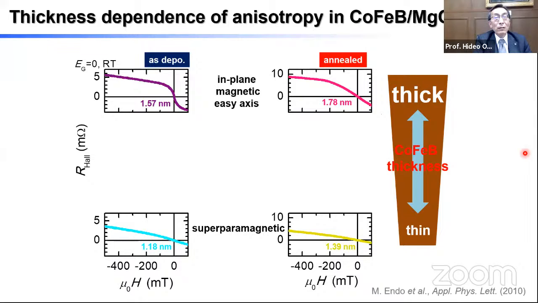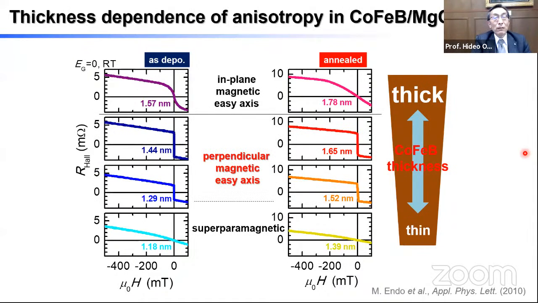So this slide shows on the right-hand side, we have made cobalt iron boron thick on the top panel, and on the bottom panel, we made it as thin as possible. When it becomes too thin, it loses its ferromagnetism. And when it's thick, the anisotropy of the magnet is governed by shape anisotropy, which means that your magnetization always lies in plane.